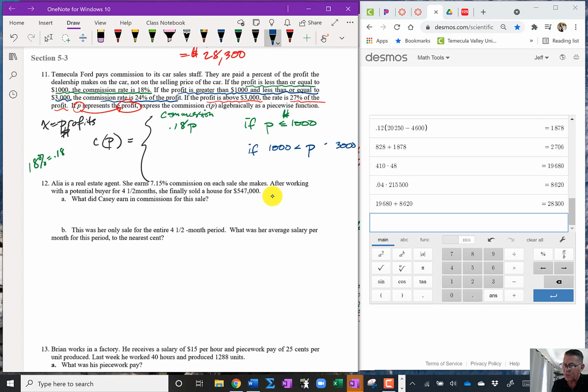In that case, the commission rate is 24%. 24% is 0.24, so you take 0.24 and multiply it by your profit.